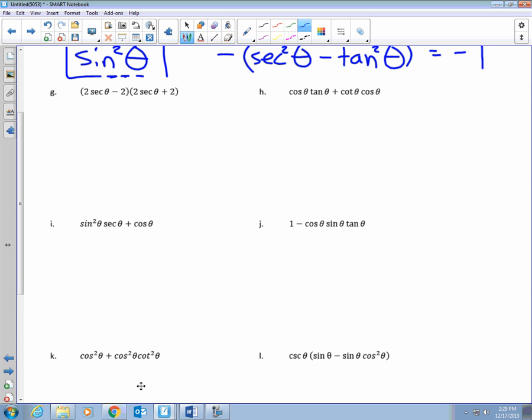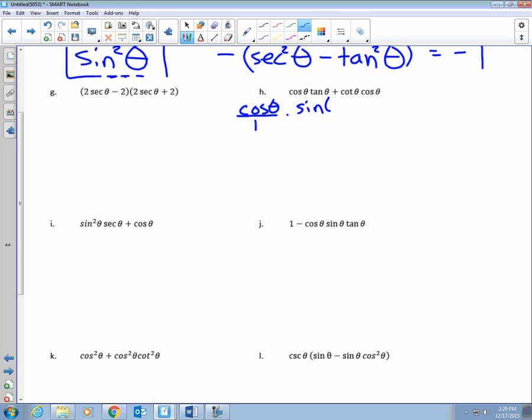Ick. No squareds, huh? No squareds at all, right? What if I wrote this as cosine of theta over 1 times, how do you rewrite tangent?